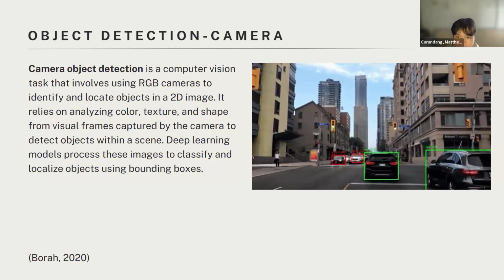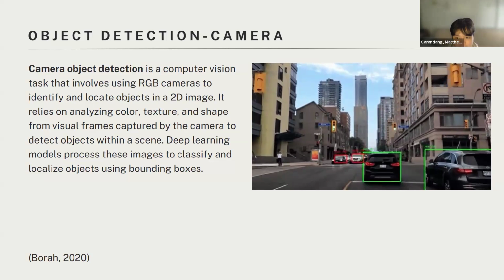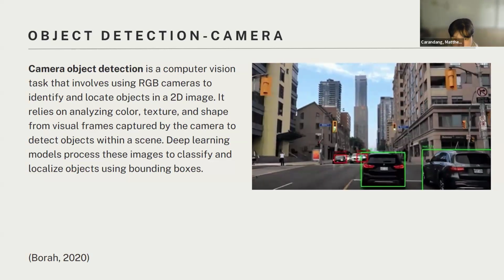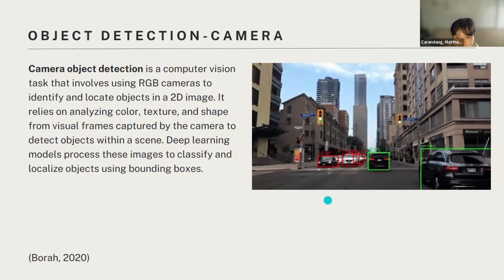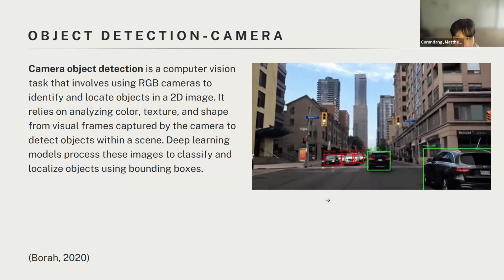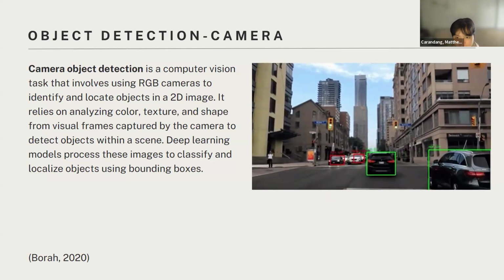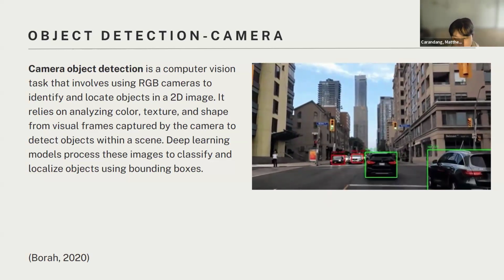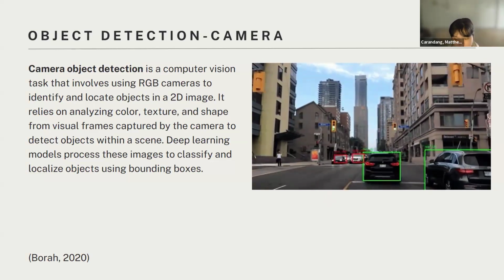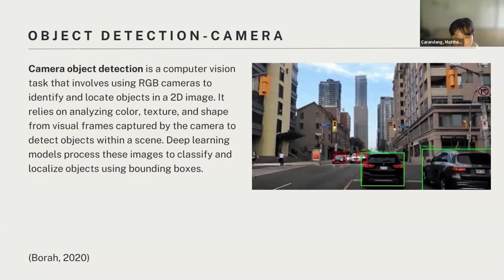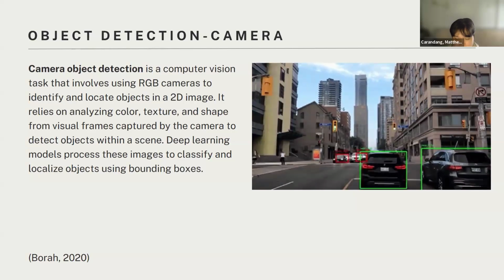Models are mostly trained on labeled images, and features are then extracted from these images. For object detection, models usually localize bounding boxes to classify objects in 2D images.